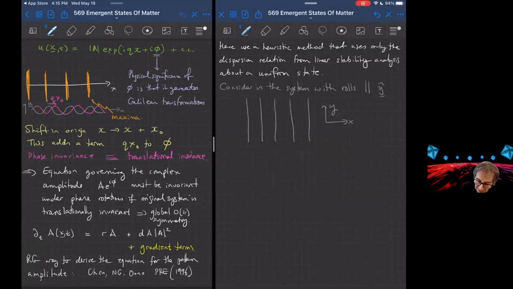So we're going to imagine that if I were to plot the function of space, the order parameter, it's going to look something like this, with some spatially varying state.